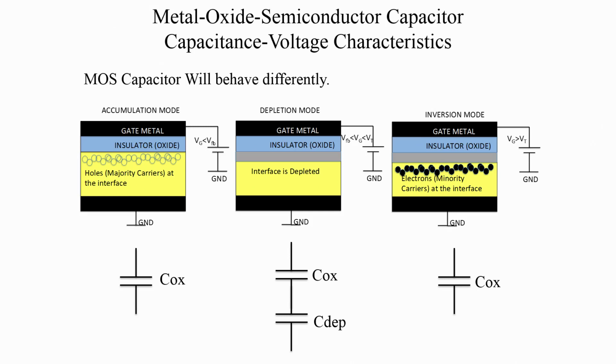And why is it different? Let us say we are in accumulation mode, that is Vg is less than Vfb. And what happens in accumulation mode? All the majority carriers appear at the interface, and in this case the majority carriers are the holes, and you find that all the holes have appeared at the interface. The band bending is now like that, and you have all the holes appearing at the interface.